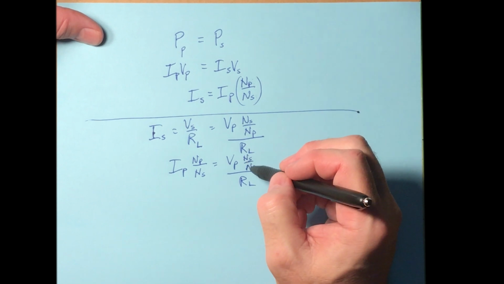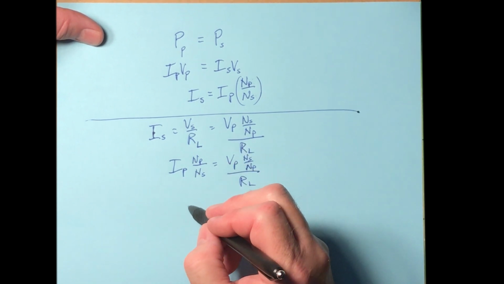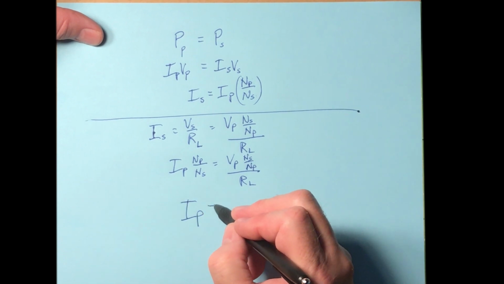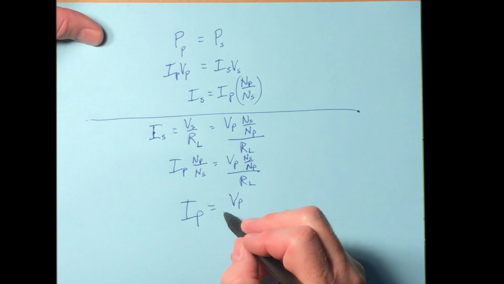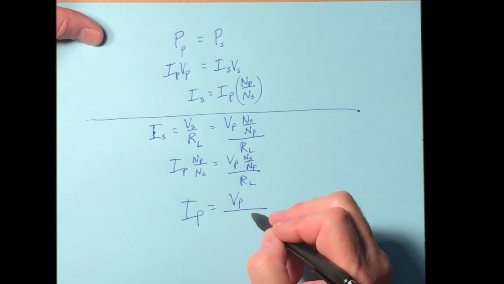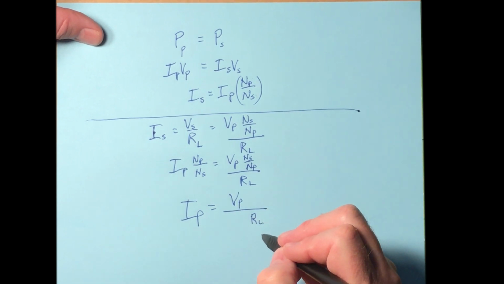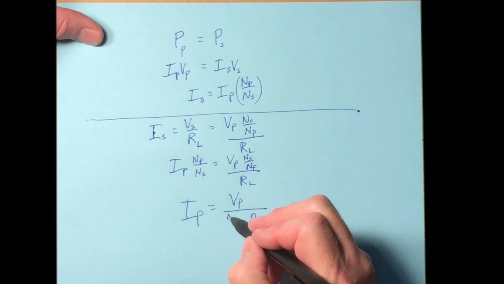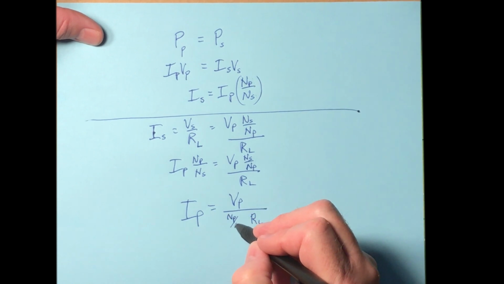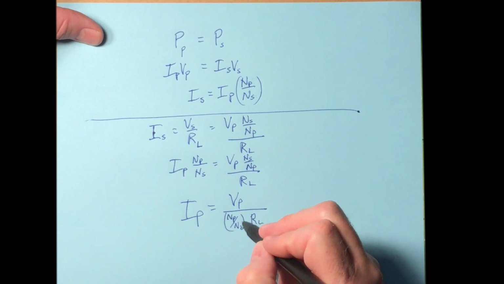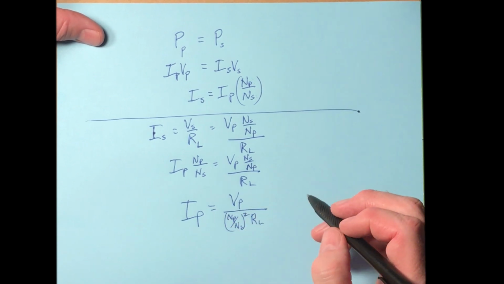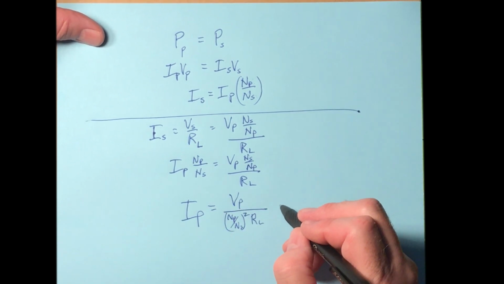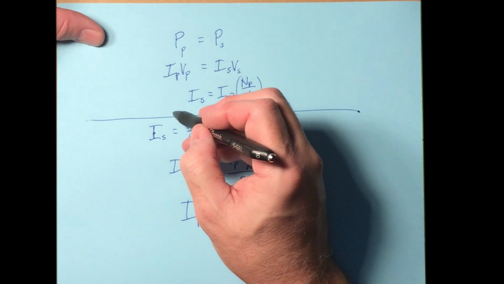Okay, now let's rearrange the terms here. I sub P is equal to V sub P on top, R sub L on bottom, and I'm going to write the ratio as N sub P over N sub S, and there's going to be a square there. Now I want you to notice this equation has the general form of this equation.